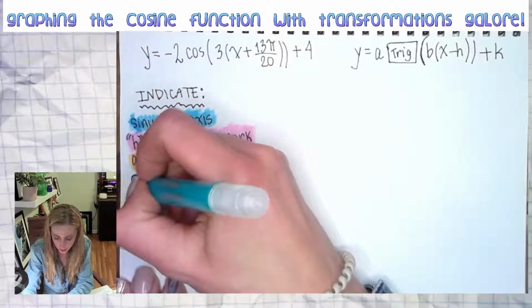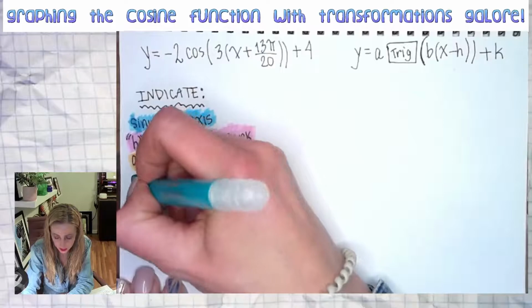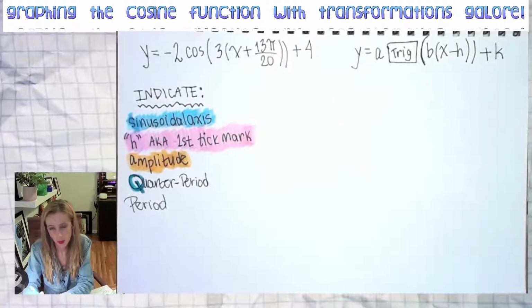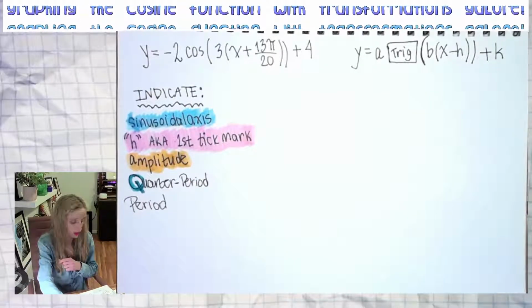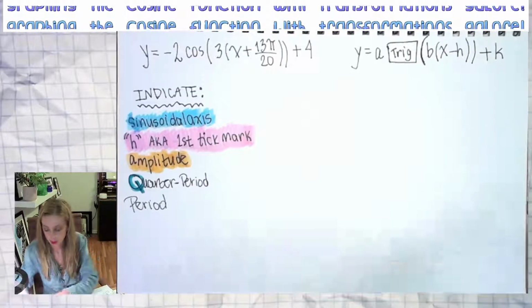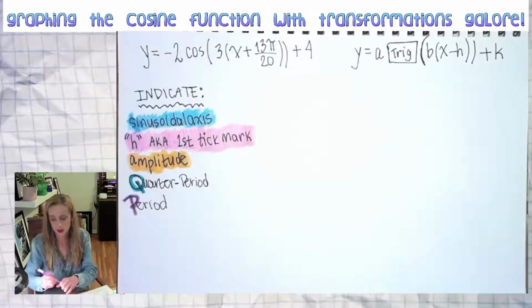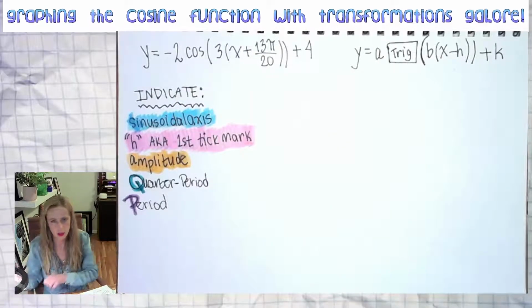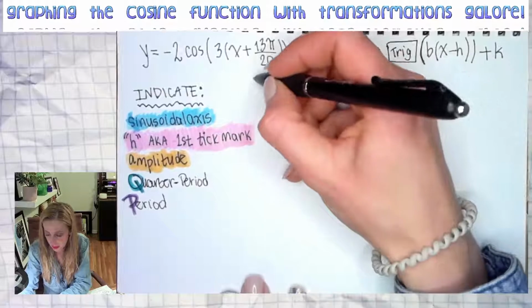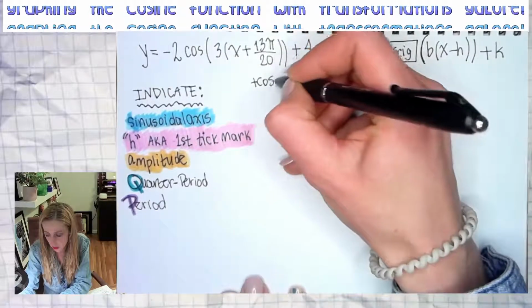Do you remember what positive cosine looks like in the parent function? Do you remember what negative cosine looks like from the parent function? If you do, commit to it and put it on your paper somewhere, like I'm about to do right now. So right now, positive cosine, just putting a little note for myself.